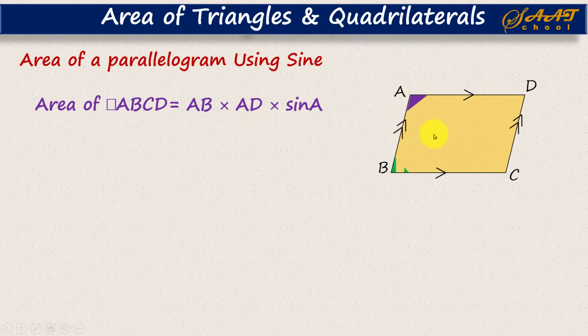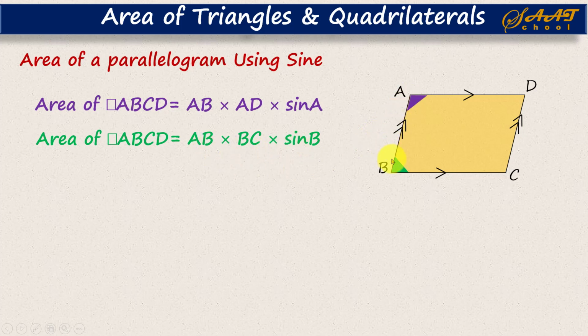Similarly, if we have angle B and the two adjacent sides, which are AB and BC, then we can find the area of the parallelogram using this relation. B is the angle between these two sides.